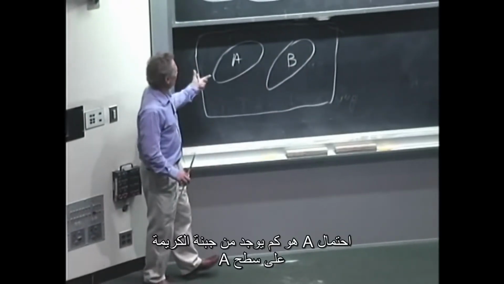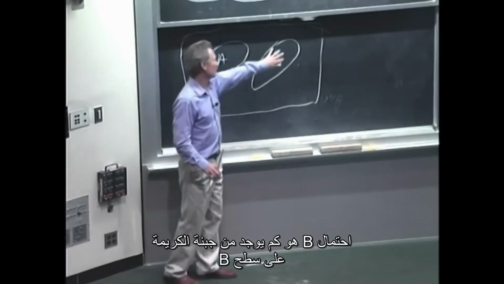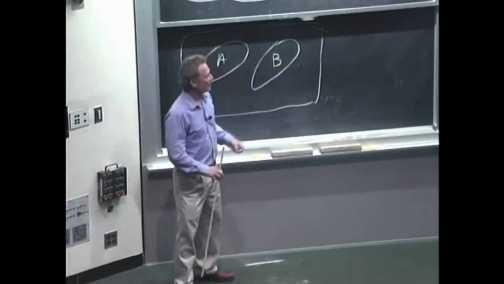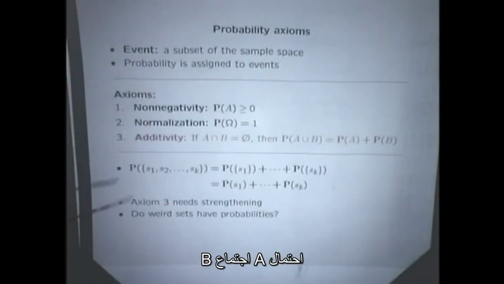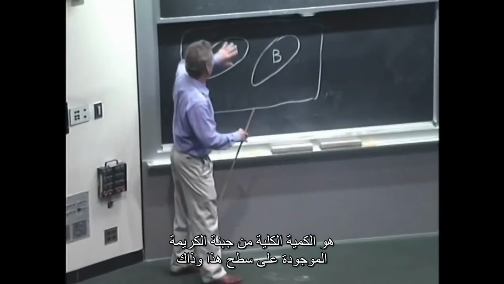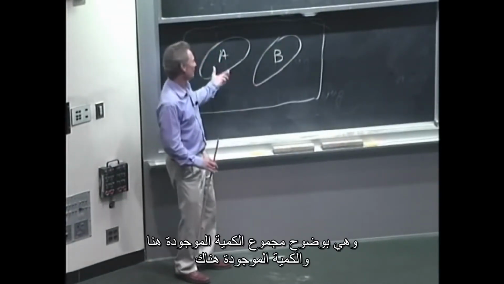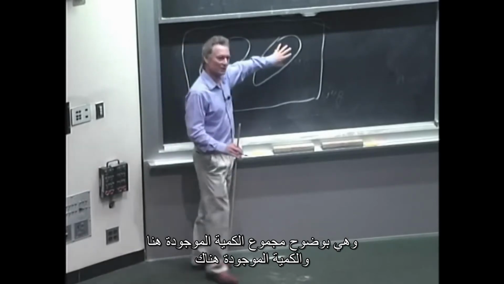The probability of A is how much cream cheese sits on top of A. Probability of B is how much sits on top of B. The probability of A union B is the total amount of cream cheese sitting on top of this and that, which is obviously the sum of how much is sitting here and how much is sitting there.